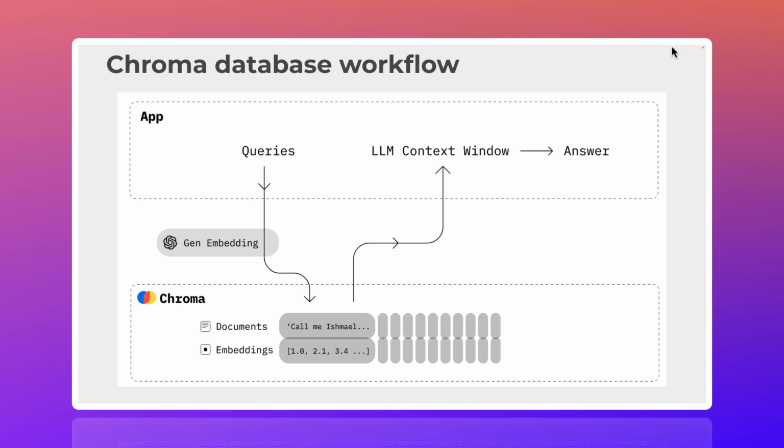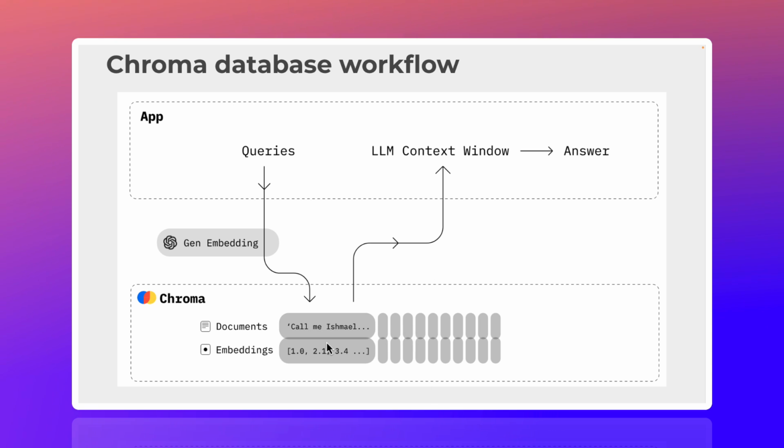And of course, the answer that comes after all of this is put together is the final output from the large language model, which is sent back to the user. This answer is generated based on the large language model's processing of the embeddings and its understanding of the context. It has to have some context provided by the Chroma database.